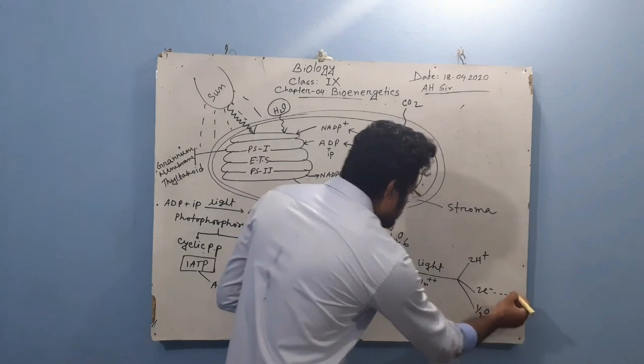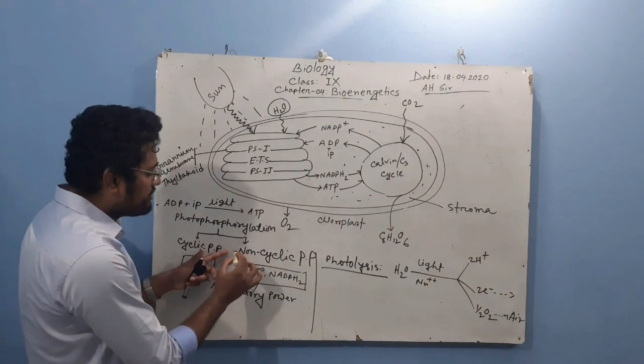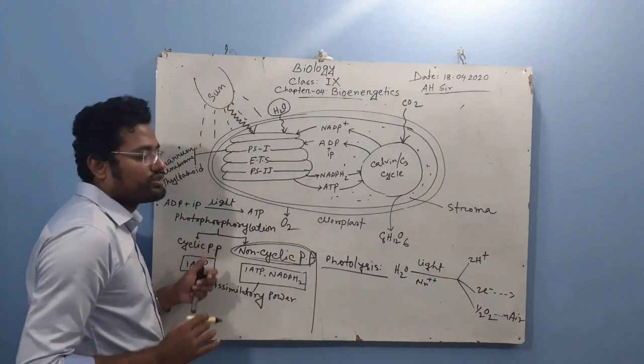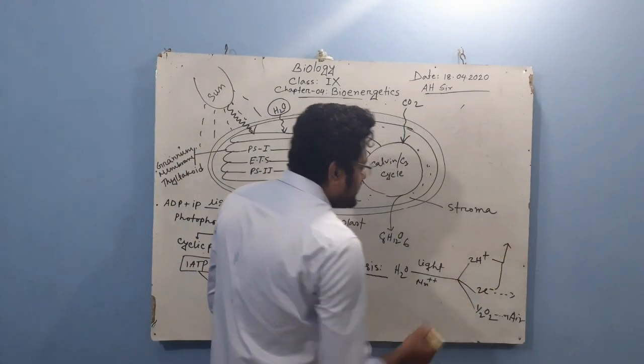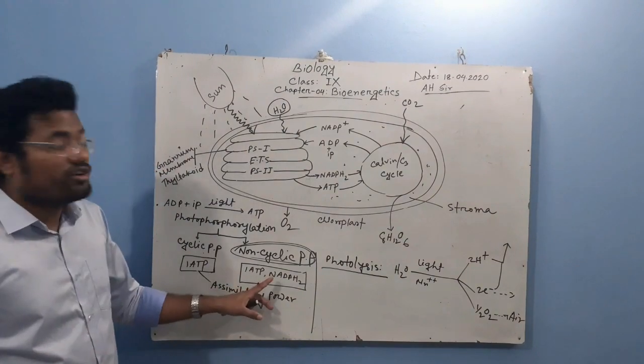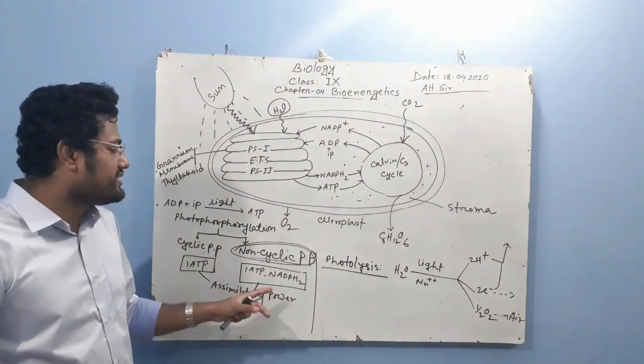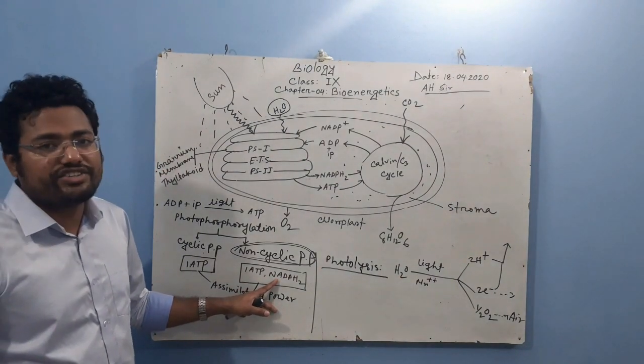The 2 electrons are used in the non-cyclic photophosphorylation, and 2 electrons and 2 protons together are used for the reduction of NADP, or we can say for the production of NADPH2.